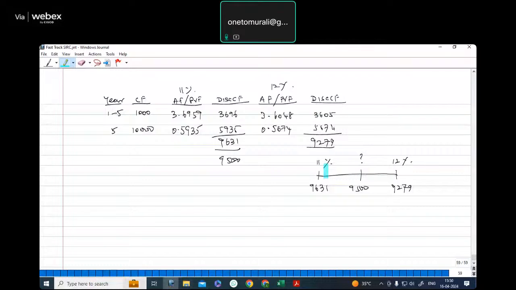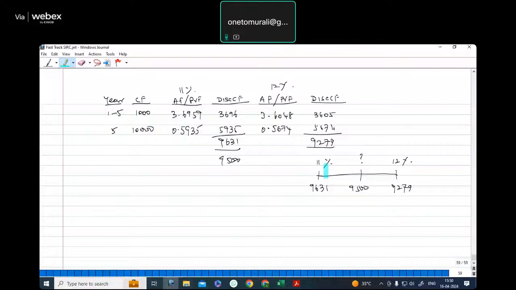The closing balance is opening balance plus interest minus the cash flow.